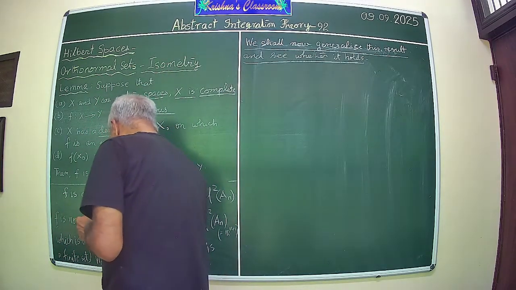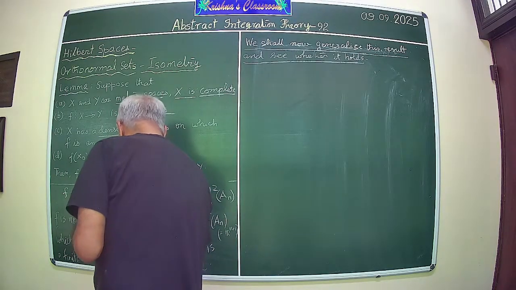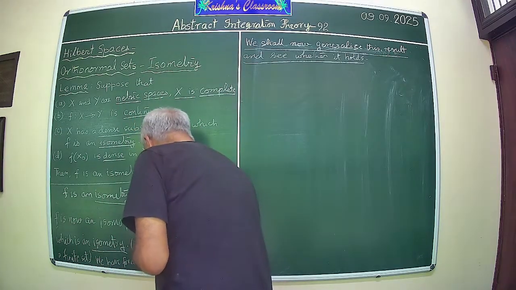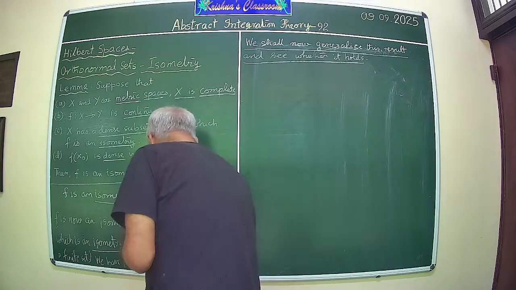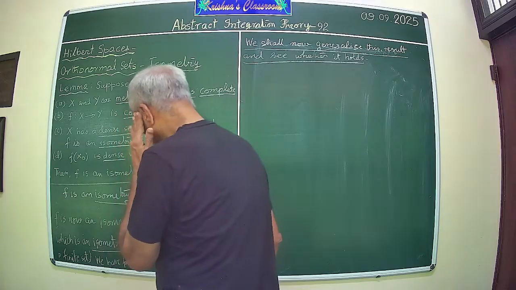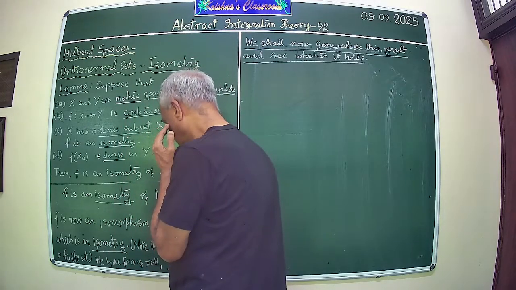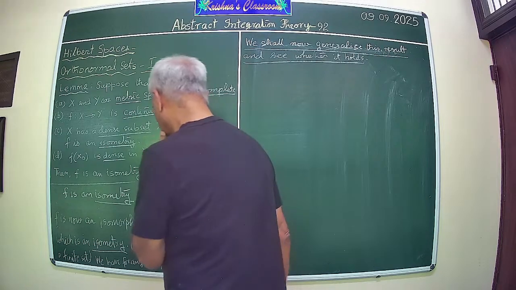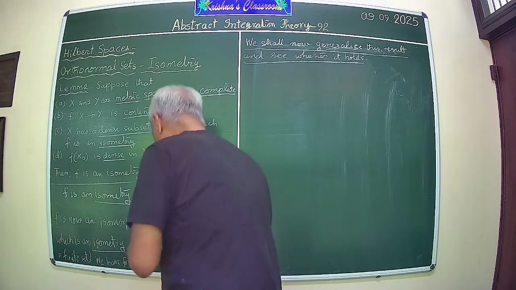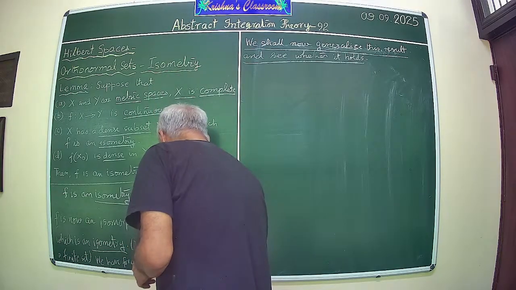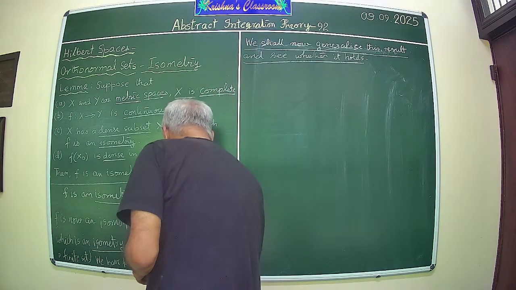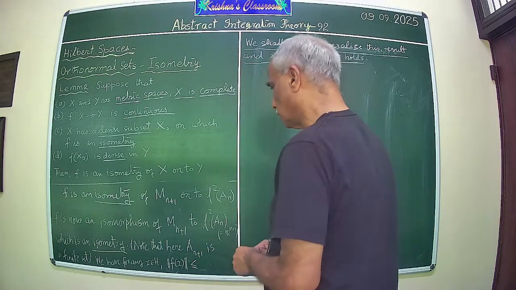For any x belonging to H, the norm of the sum for i equal to 0 to n is less than or equal to the norm of x squared.